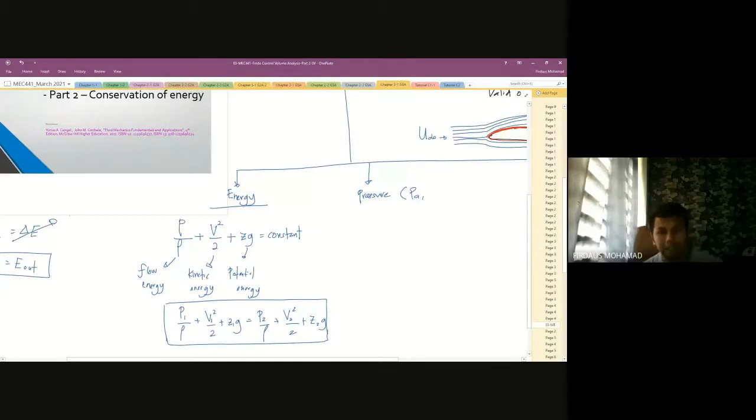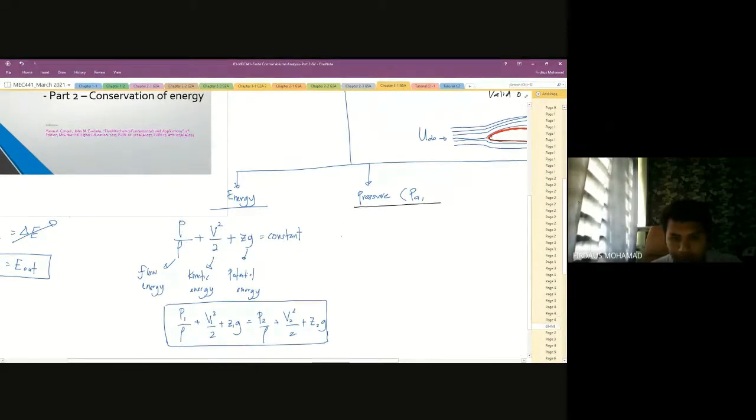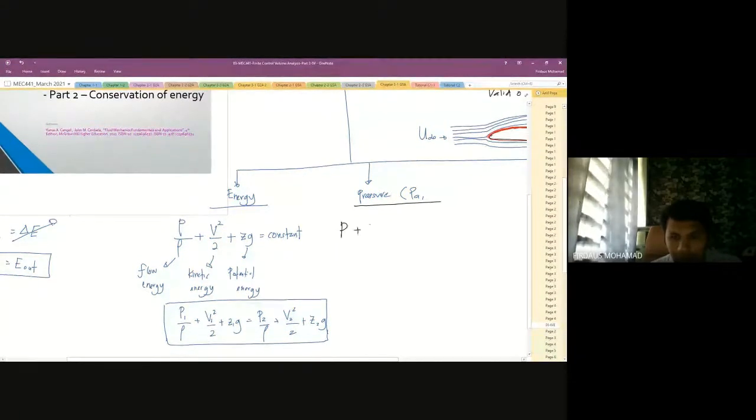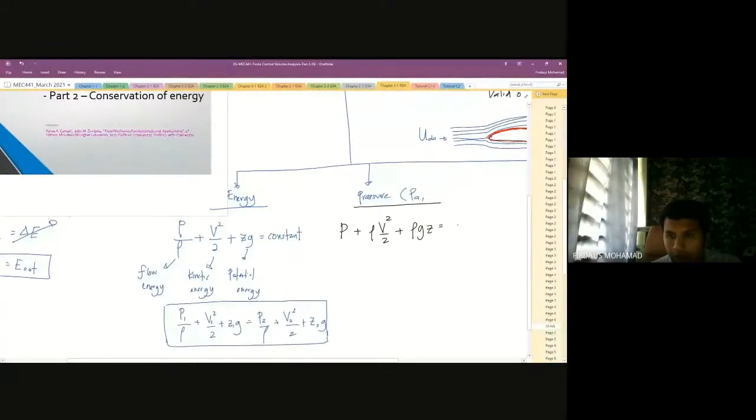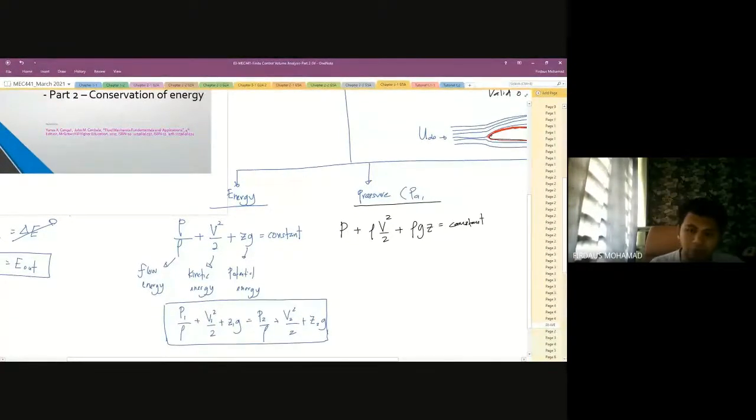Okay, so sekarang kita define in terms of energy. So we can define in terms of pressure. Okay, so how to define in terms of pressure? Maknanya P over rho is energy. Kalau pressure P saja kan, so kita kena kali dengan rho. Semua kali dengan rho. So kita akan dapat P plus rho V squared over 2 plus rho g Z sama dengan constant.